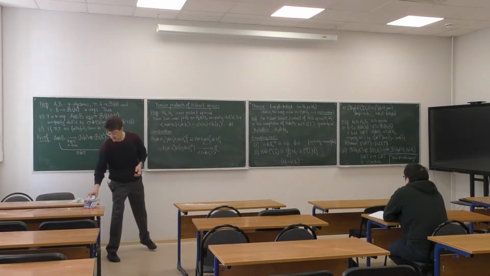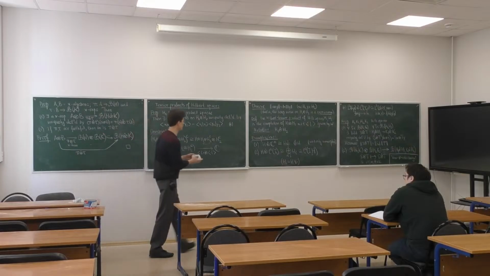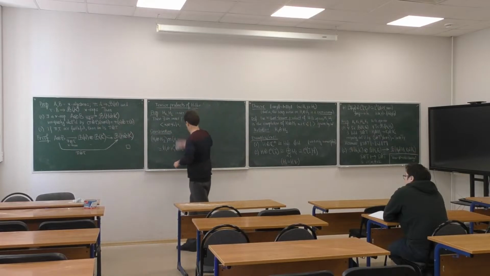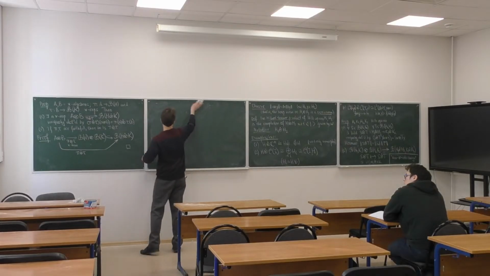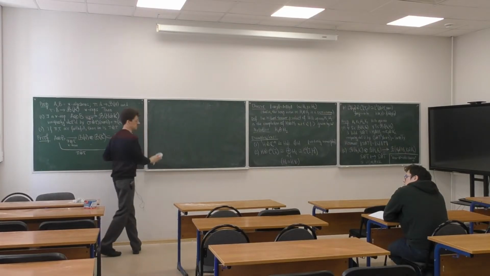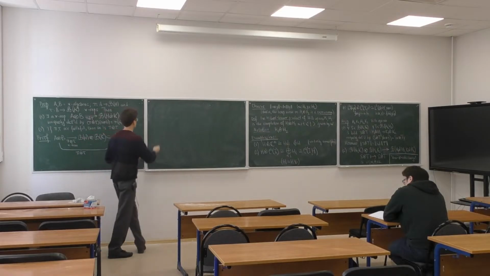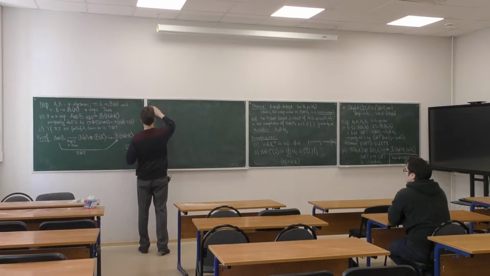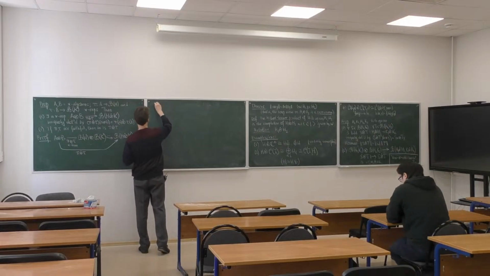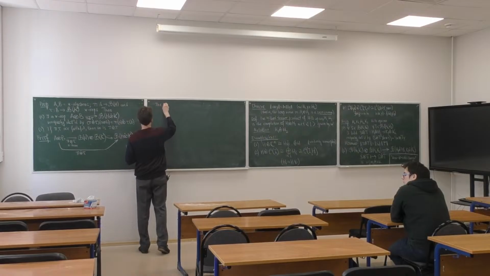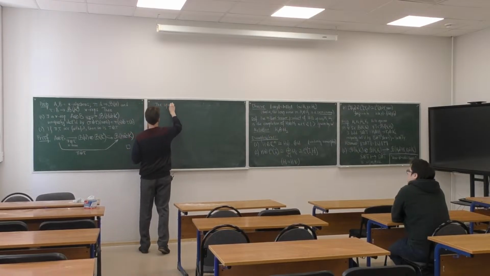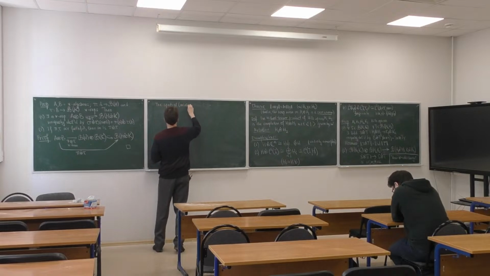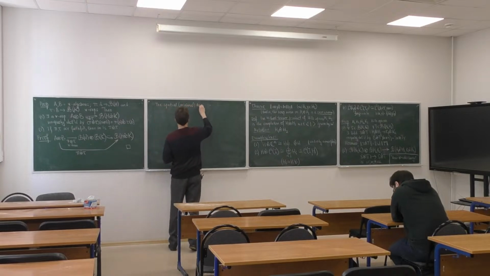Okay, now let's come back to C-star algebras. Now we are ready to define a C-star norm on the tensor product of two C-star algebras. The respective tensor product is usually called the spatial or minimal tensor product of C-star algebras.